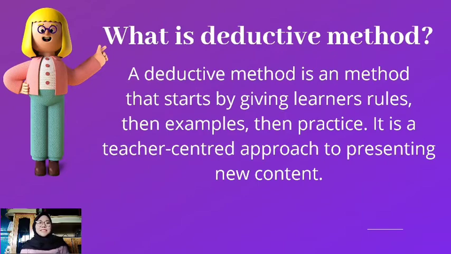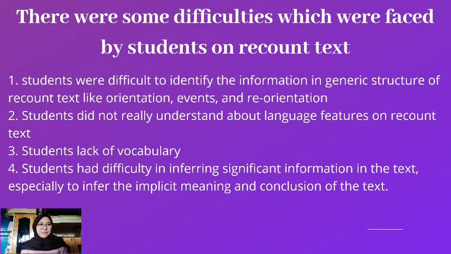And the second one is about why the media that I choose is a recount text. As we know, many students find it difficult to understand the context. There were some difficulties faced by students on recount text. The first one is that students found it difficult to identify the information in the generic structure of recount text, like orientation, events, and reorientation.